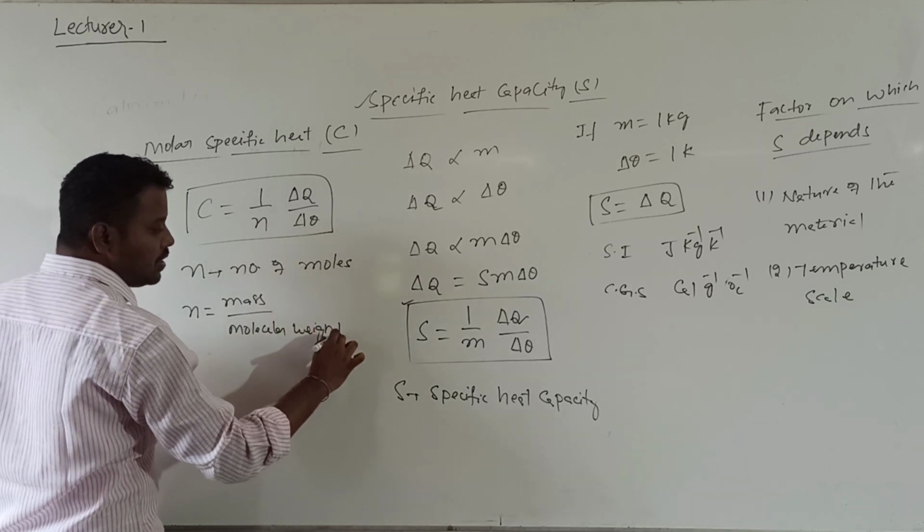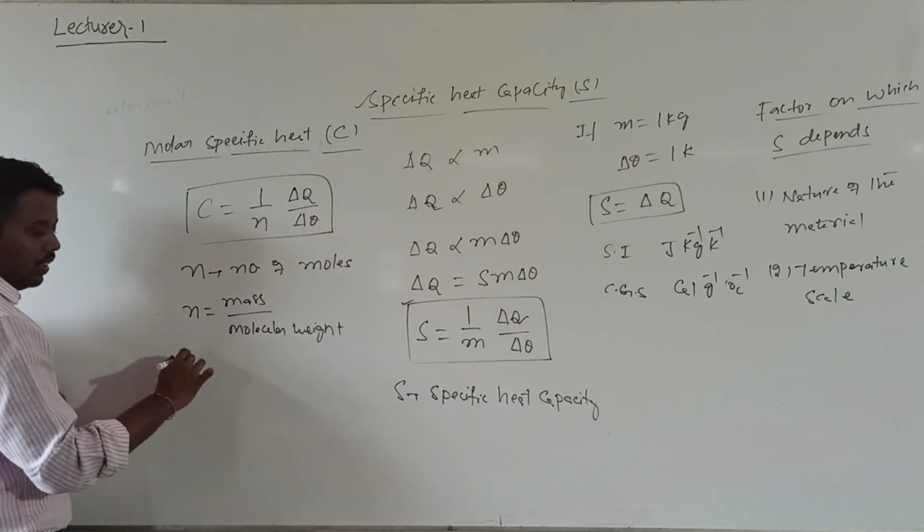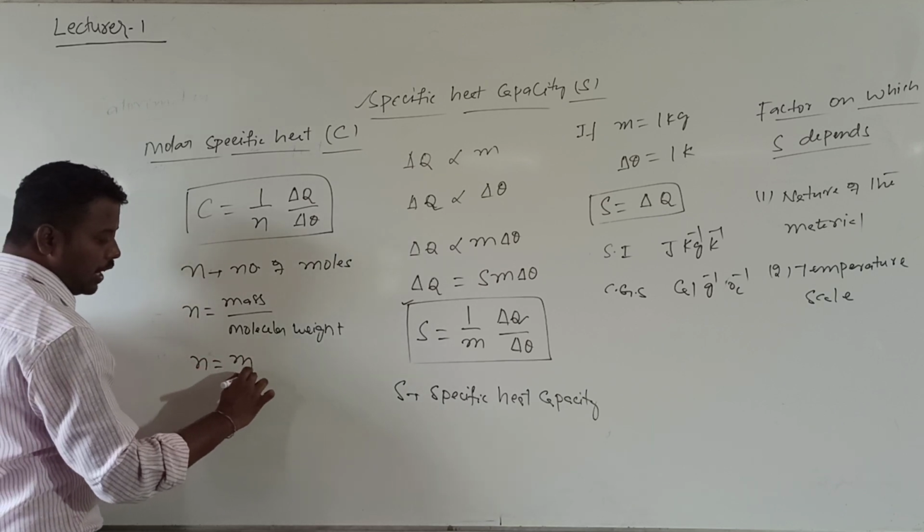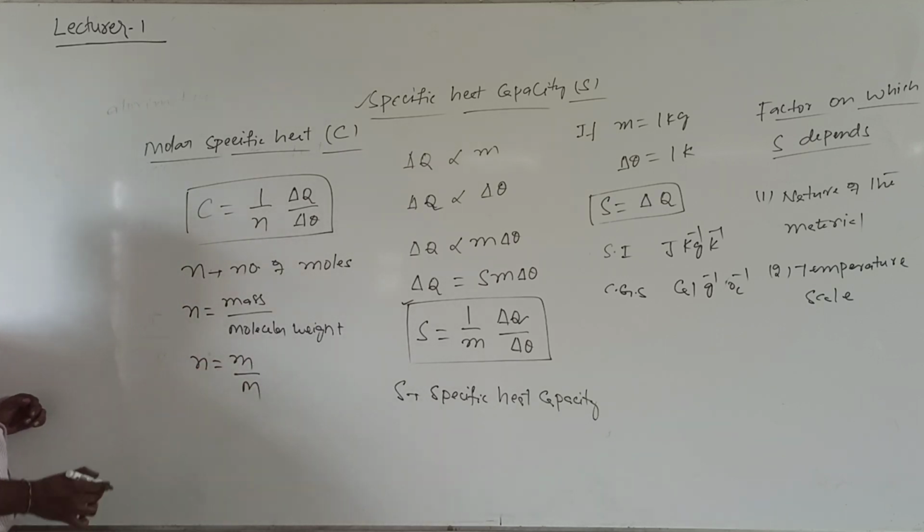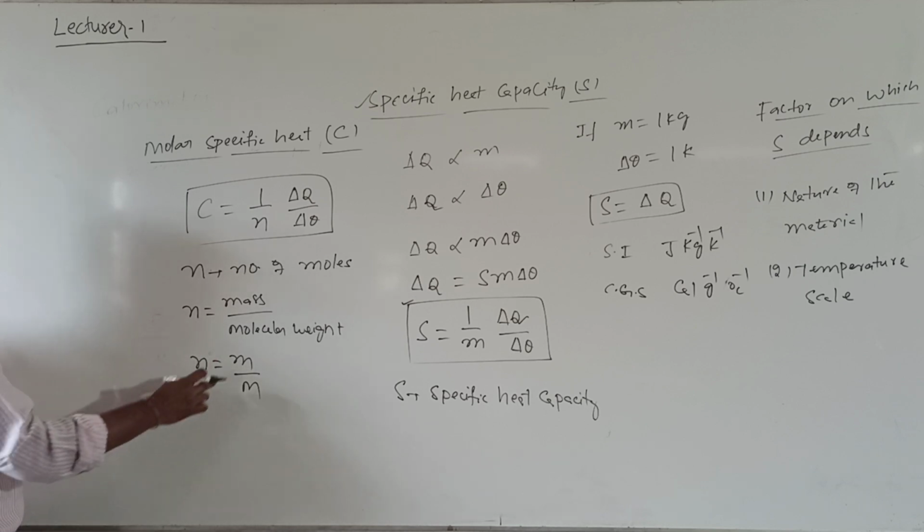You know this definition from chemistry. Then n can be written as m divided by capital M, where small m is mass and capital M is the molecular weight.